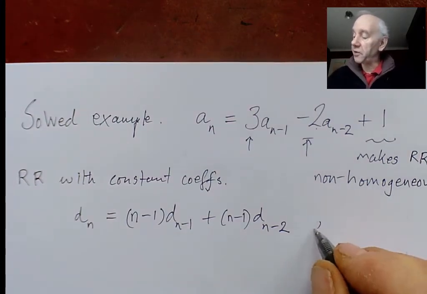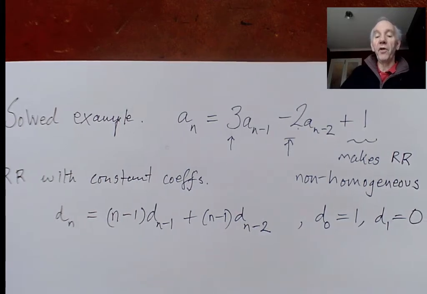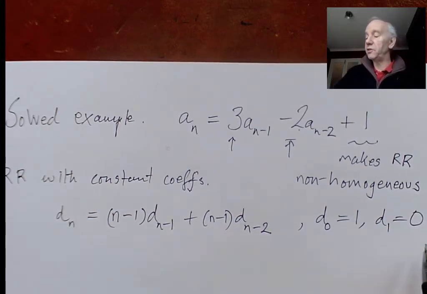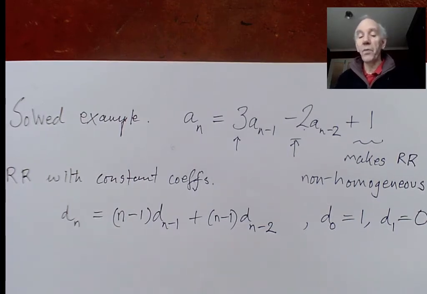Actually, the initial values in that case are d_0 is 1 and d_1 is equal to 0. It's sort of the opposite of the Fibonacci numbers. This defines the so-called sequence of derangements.